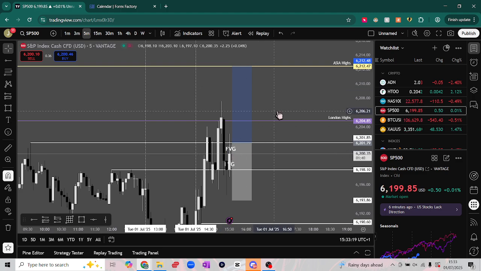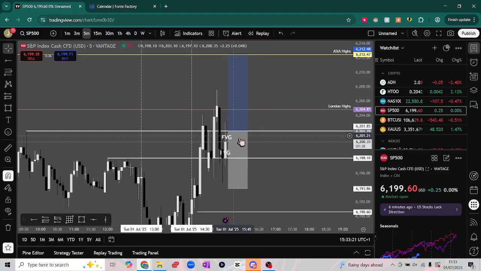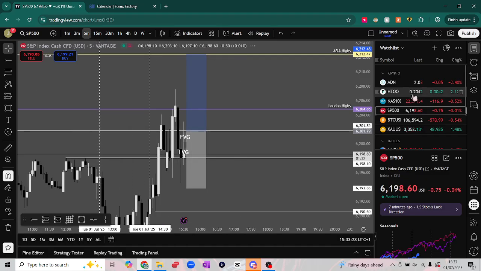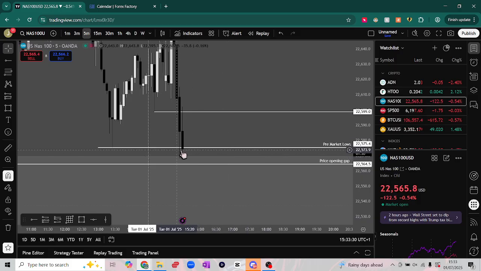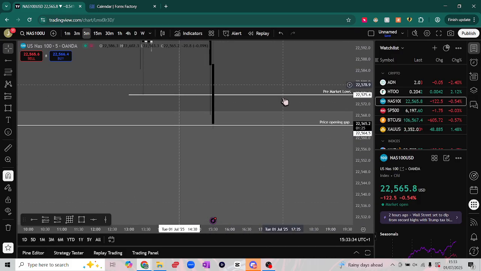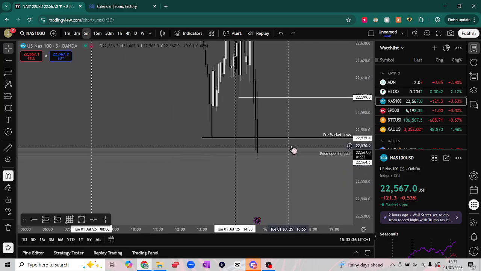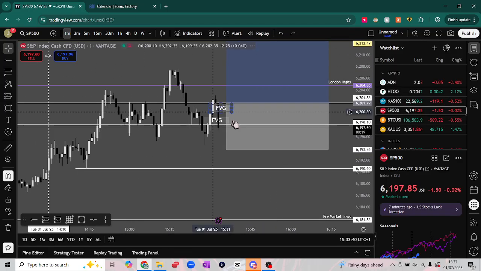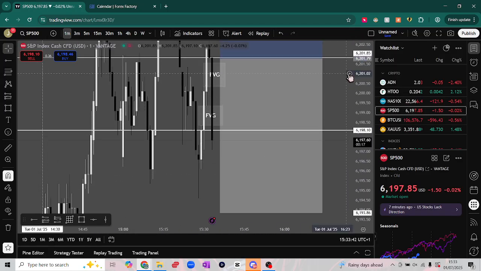So, I mean, we are reacting off a 5 minute fair value gap and 5 minute inverse fair value gap. But again, when everything's just broken structure to the upside, I am... oh, Nasdaq's coming down lower. Okay, here we go. We've tagged these lows, so my confluence has just become much stronger for longs. And same with this. I mean, are we hitting inverse?